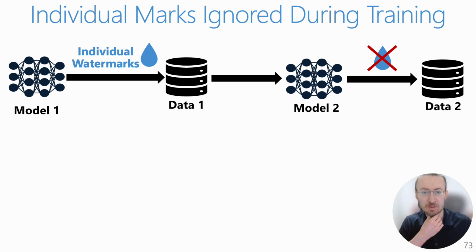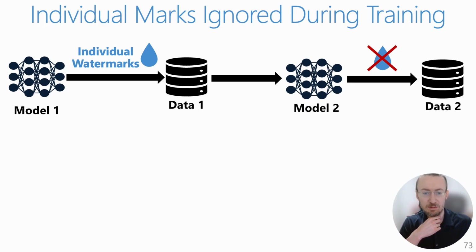Why is this happening? It is because the watermarks do not form useful patterns for the model to learn, which means that if I have a very random pattern for every single image, then these random patterns, of course, are not picked up by model 2 when training on the watermarked data.